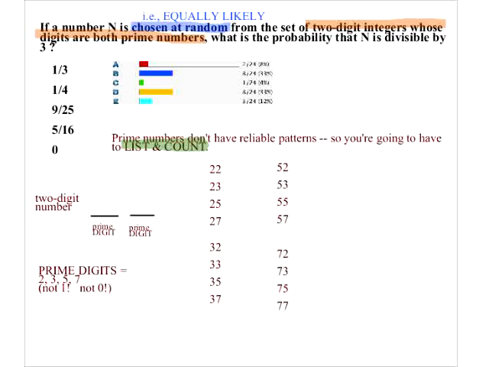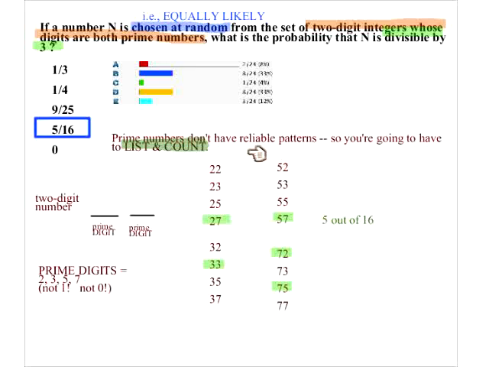The ones that are divisible by 3 are 27, 33, 72, 75, and 57. So that's exactly 5 out of 16. So this one's going to be D, like dog.